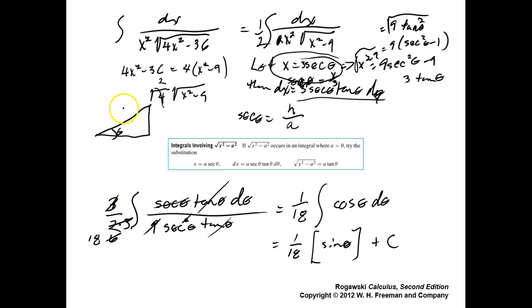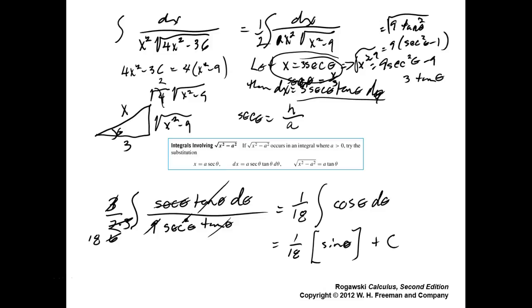So that means the hypotenuse is your x, and your 3 is your adjacent. But what we want to know is what is the sine of that angle theta?